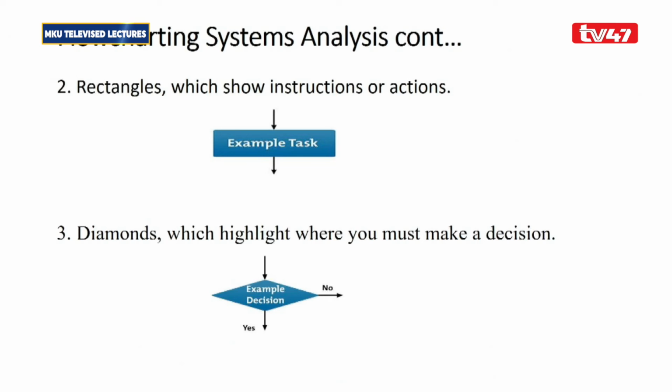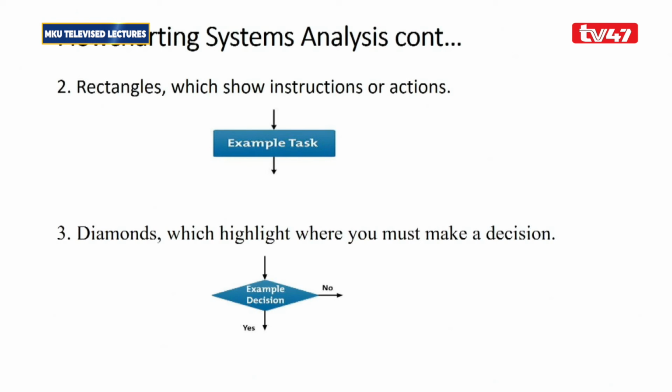We are making a decision, which means we are branching to different branches depending on how the situation or the condition in the decision is being met. Again, the arrows that leave the decision symbol have to be clearly labeled. It can be yes, no, true, false, depending on the kind of decision we are making.